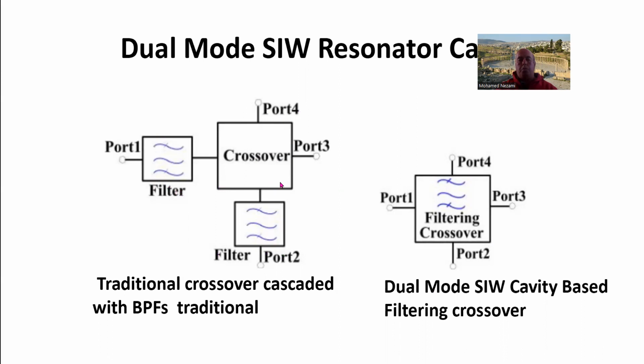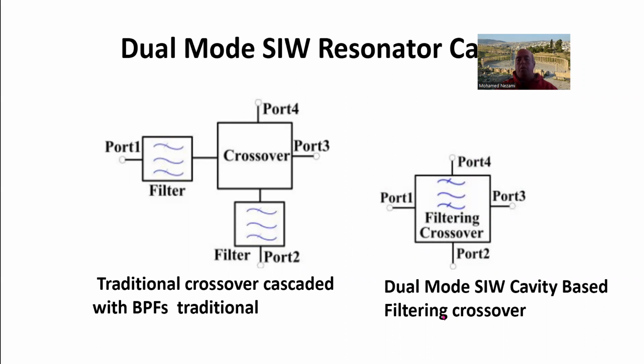And of course, this is a traditional crossover cascaded with a bandpass filter. Now, this is large. There's likelihood of mismatching, inter-mismatching, and additional loss. So eventually, people have realized that they could utilize the SIW crossover resonator itself as a filter.